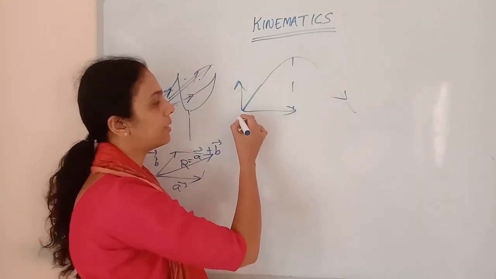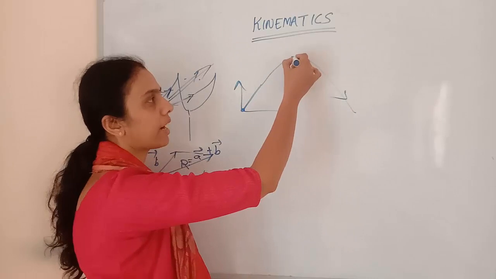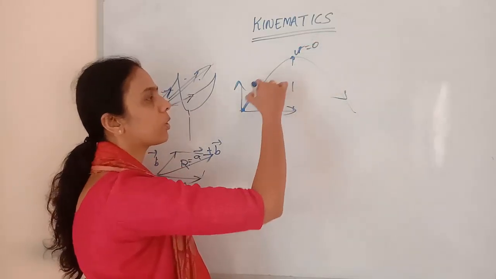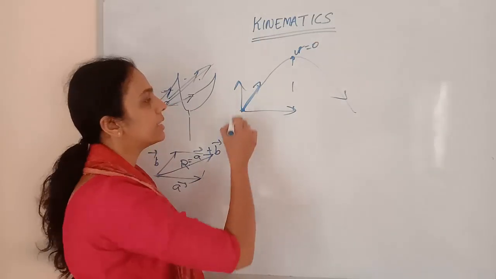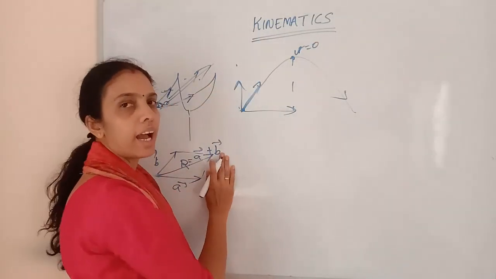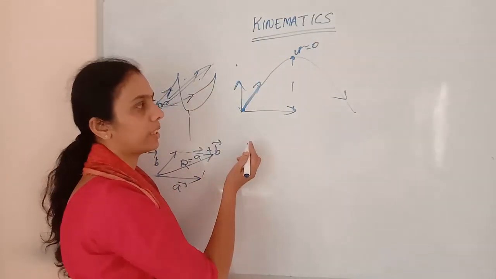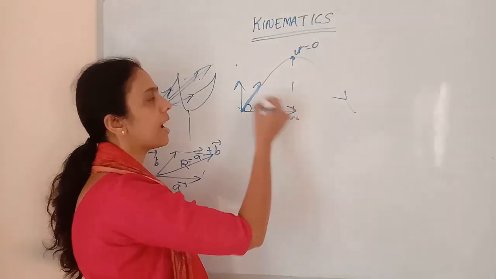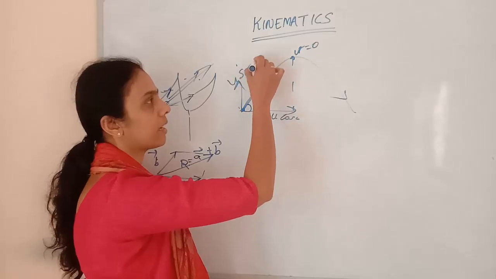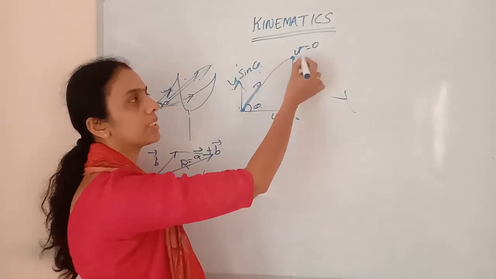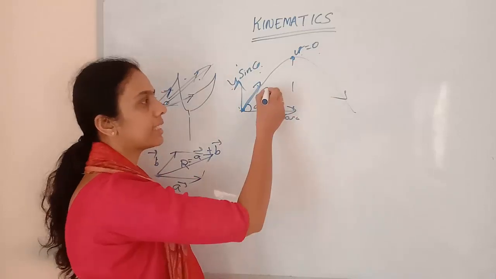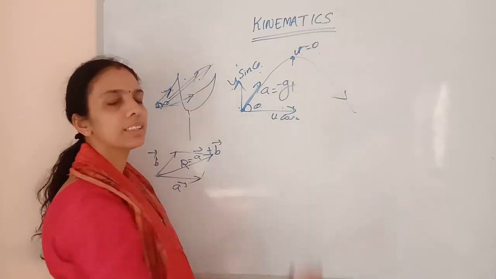Final velocity is 0. Initial velocity, which one should we consider? Since it is the vertical motion, we should consider that direction only, isn't it? So if this is theta, this will be u cos theta, and this is u sin theta. Initial velocity is there, final velocity is there, distance you should find out. Acceleration will be equal to minus g.